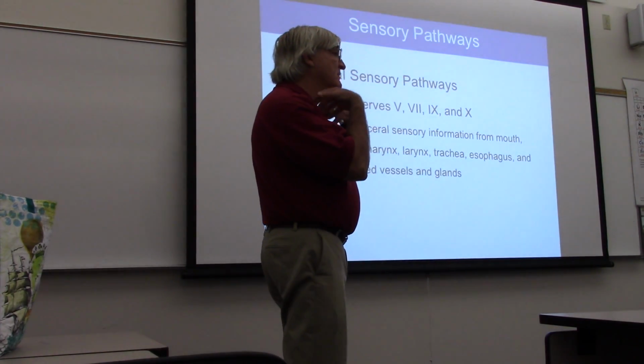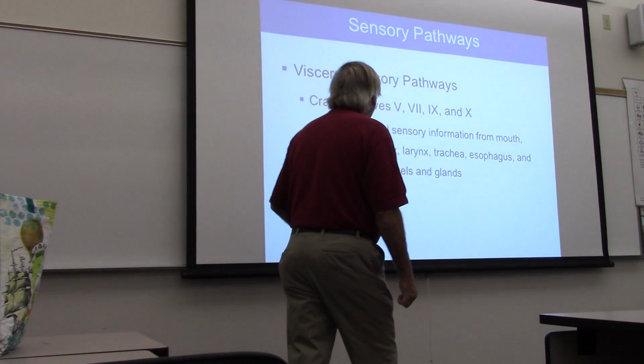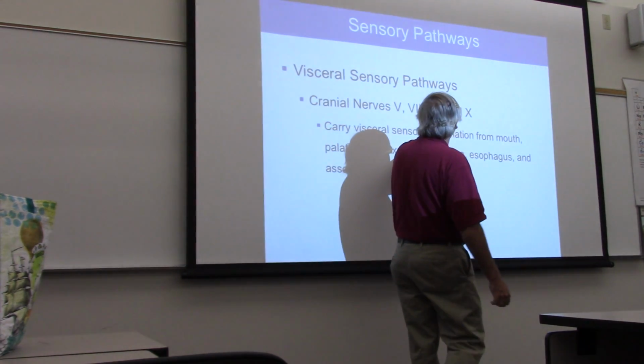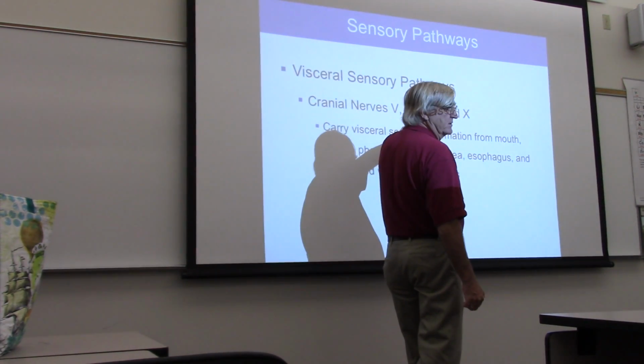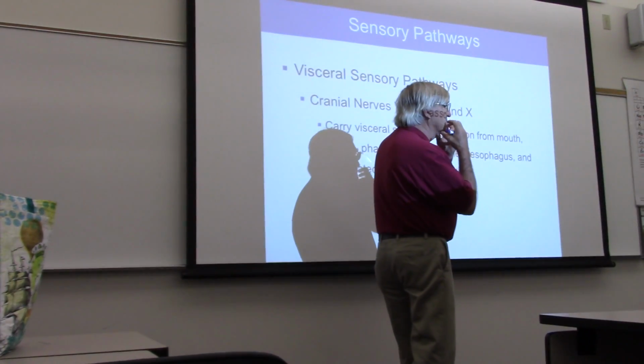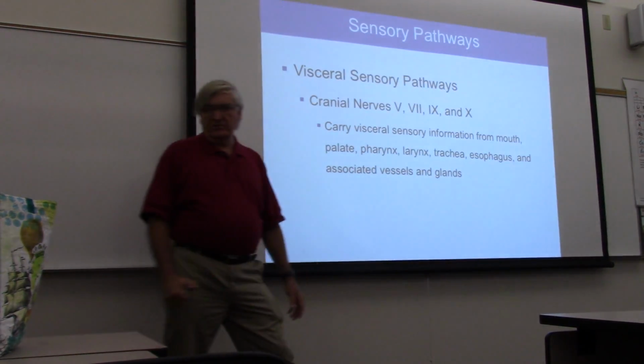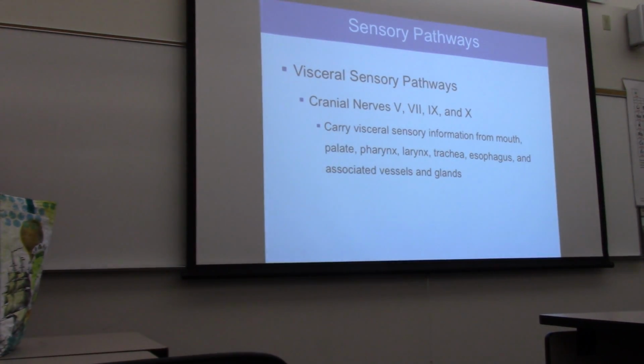Those are the ones that are sensory, carrying information up. 10 is the vagus, 9 glossopharyngeal, 7 is the facial. Remember, it goes to the mouth and some down there, and then 5 is the trigeminal from the face. So these are carrying some visceral sensory information back, and I'll just leave it at that.